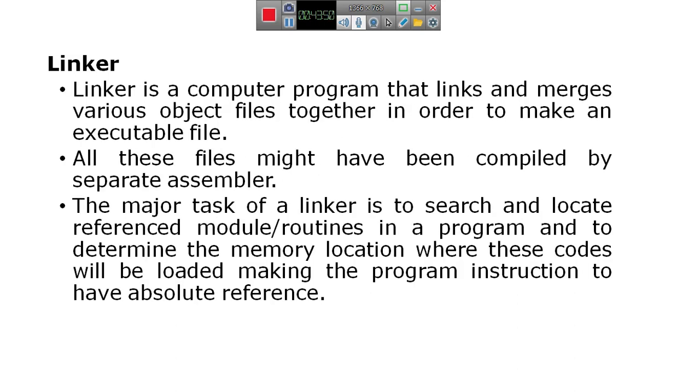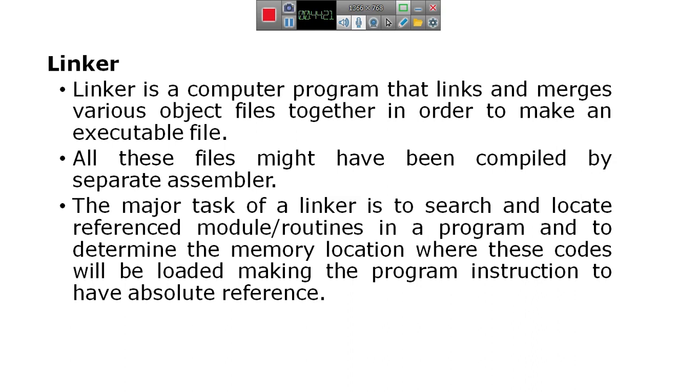So the linker and loader are software that come under the category of system software. The linker creates links between an object file and the programs which are available in the library.